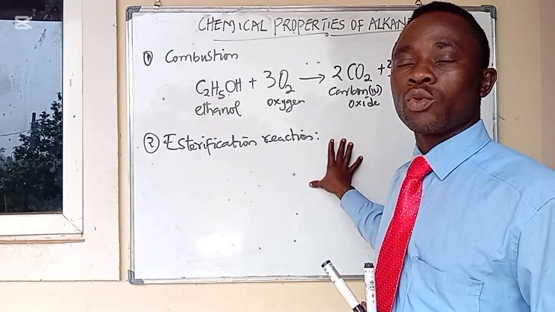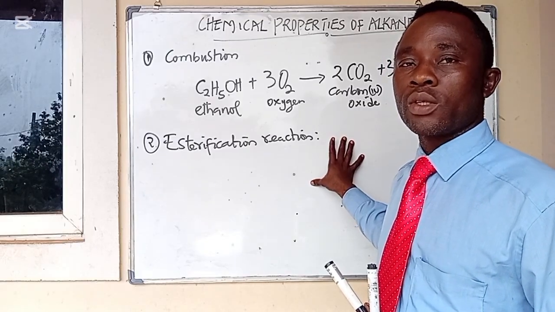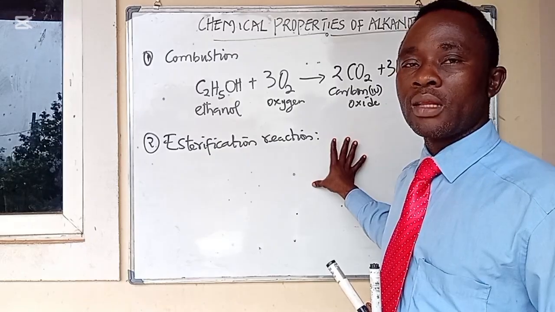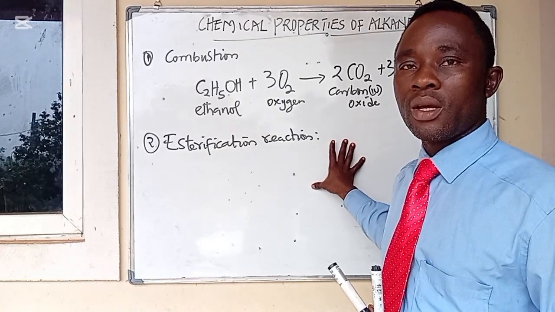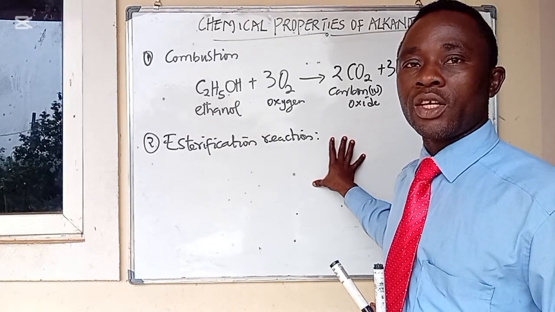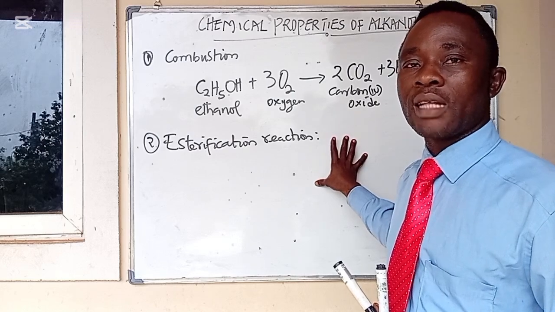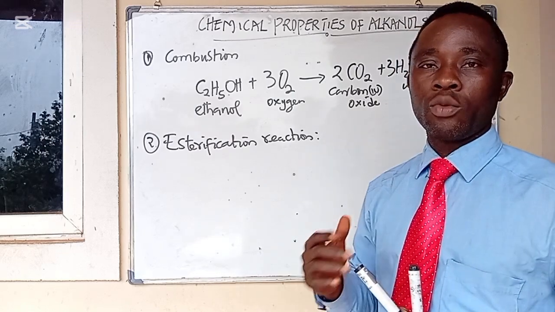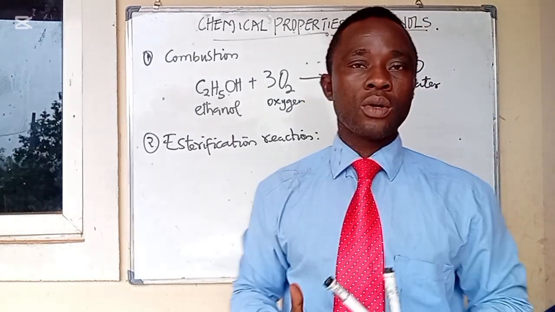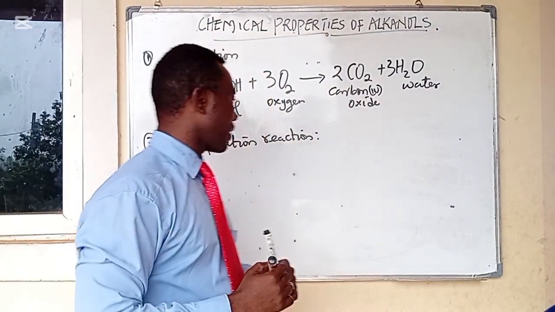So alkanols react with alkanoic acid to give us what? Ester and water. That reaction is a reversible reaction, and it is catalyzed by the acid H2SO4. So that is the acid that catalyzes it. It has to be concentrated H2SO4 that catalyzes that reaction.